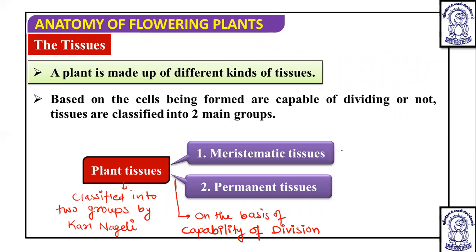If you talk about meristematic tissue, it has dividing cells. It is a group of dividing cells, so it is undifferentiated tissue. Whereas permanent tissues have cells which have lost their capacity of division and gained a particular function, so it is a group of fully differentiated cells.